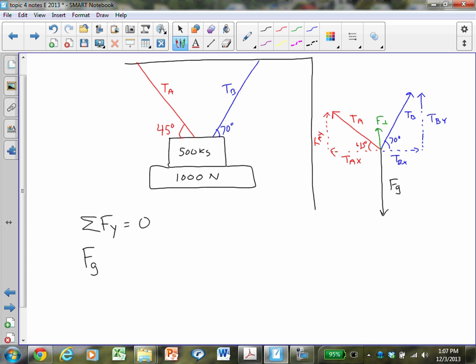It's the only one, so we just have that on that side. Give me a force going up. F perpendicular. Give me a force going up, Lorena. TBY. And give me a force going up, Gracie.